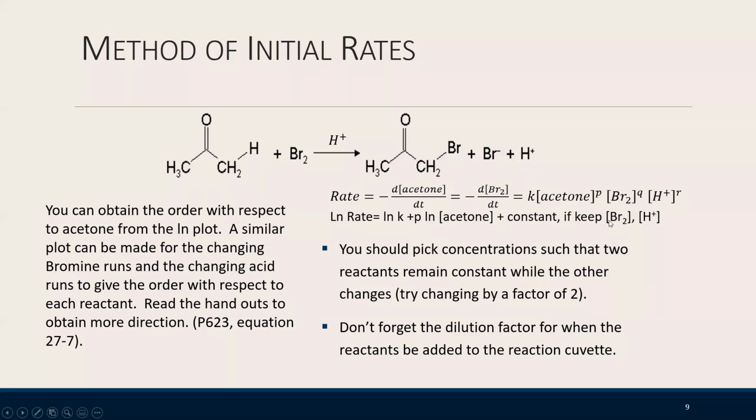And if we keep the bromine concentration and hydrogen concentration constant, then these terms will be constant, right? So you have the reaction rate, you have the different concentrations of acetone, and if you make that into a linear plot, the slope P will be your reaction order to acetone.